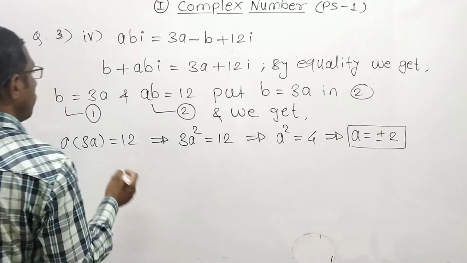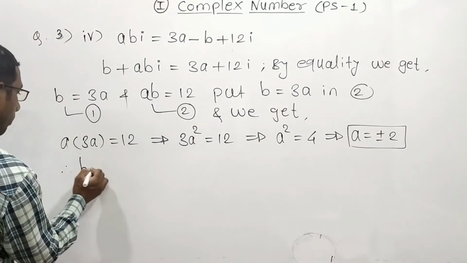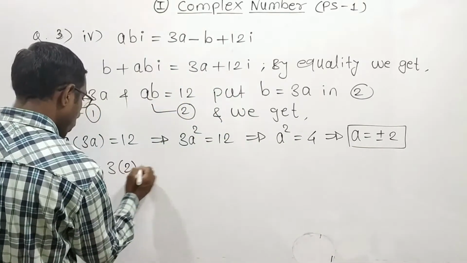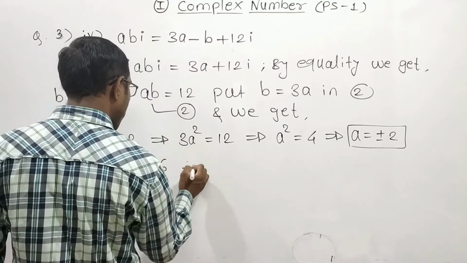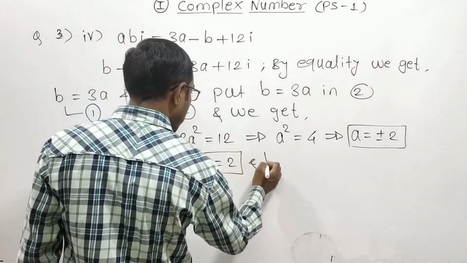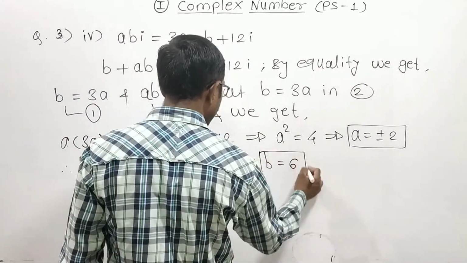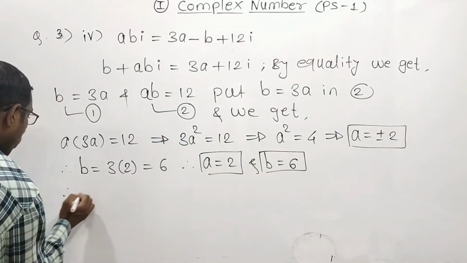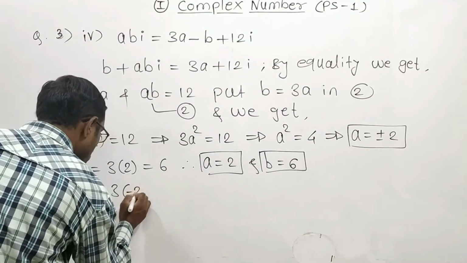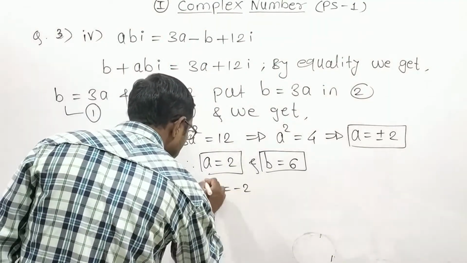Therefore, b is equals to 3a. First a is 2, this gives you b as 6. Therefore, a is equals to 2 and b is equals to 6. Next value of a is minus 2, therefore b is equals to 3 into minus 2, this gives you minus 6. Therefore, a is minus 2 and b is minus 6.